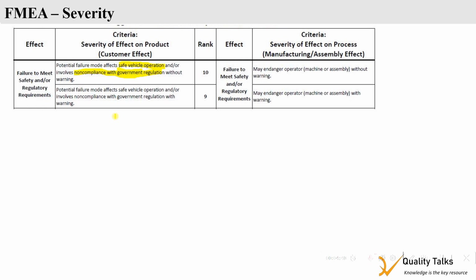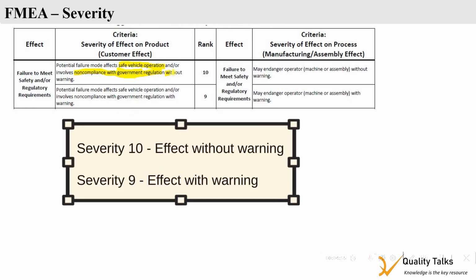So severity 10 is affecting the safe vehicle operation and non-compliance with government regulation, without warning. These two things happening without warning call for severity ranking 10. We discussed that brake fail will definitely come as a 10 ranking.